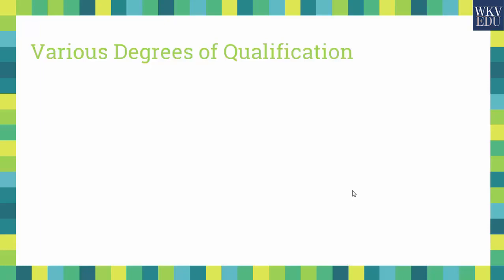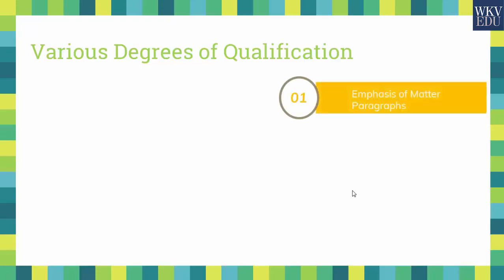However, in certain situations, providing an unqualified report is not possible. So in that situation, he provides you a qualified report. Now, there can be various degrees of qualification. First one being emphasis of matter paragraphs. Emphasis of matter paragraphs are used when they feel that all the financial statements have been prepared properly and give a true and fair view.